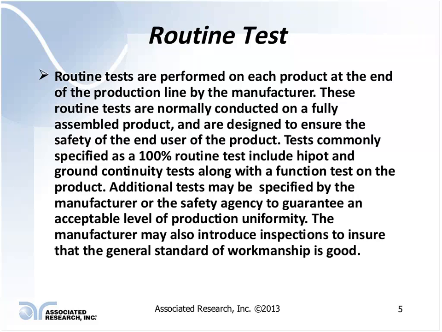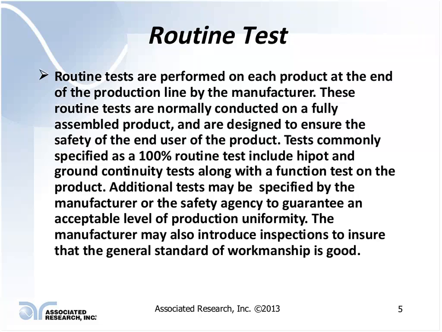Is there adequate insulation? Has the insulation in fact been damaged during the assembly process? Was a wire pinched between two panels when the last panel was put on? So these are types of defects that can be caught during a routine production line test.